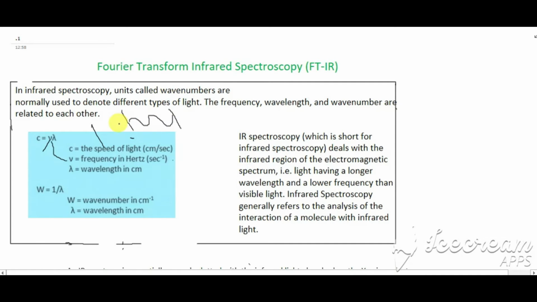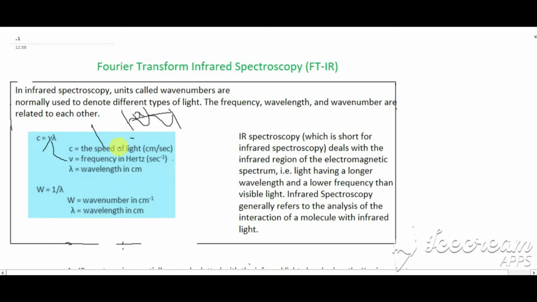Like here, if we see one graph, from this to this we have different wave cycles, and these wave cycles per second can be expressed as the frequency, and this range we define as the wavelength.